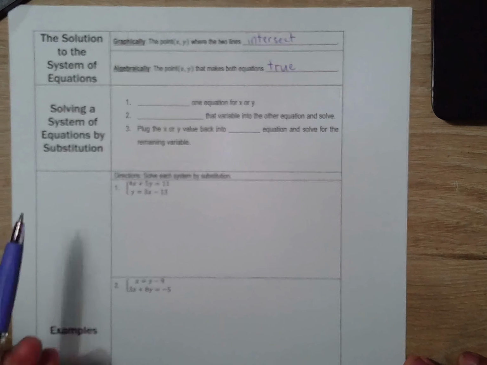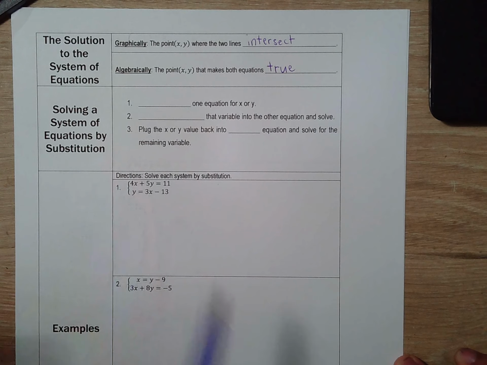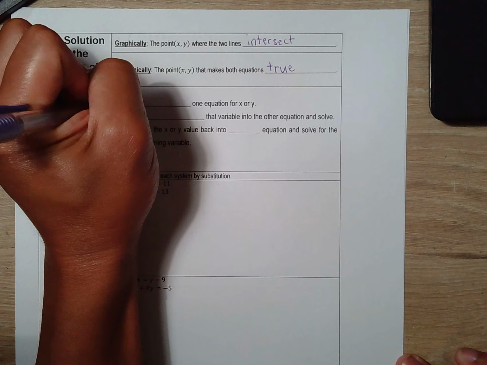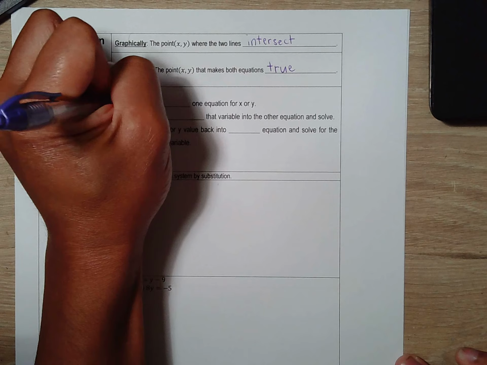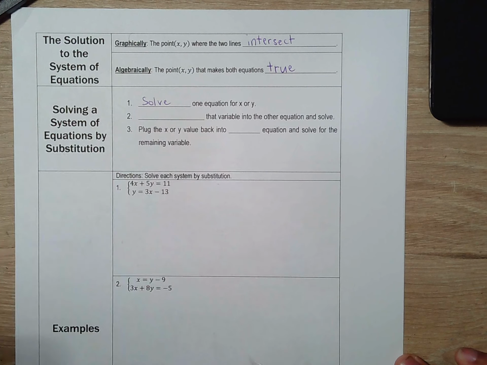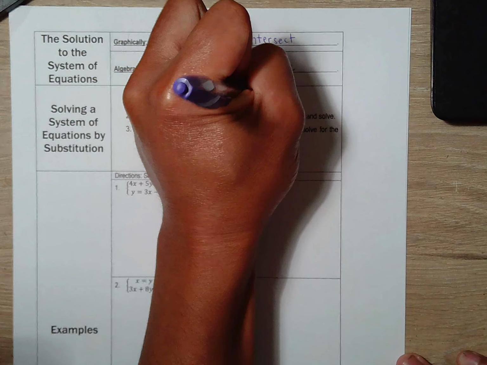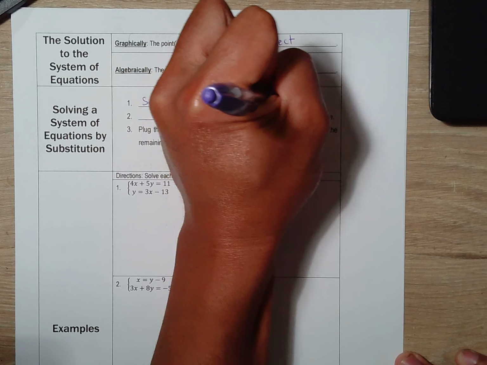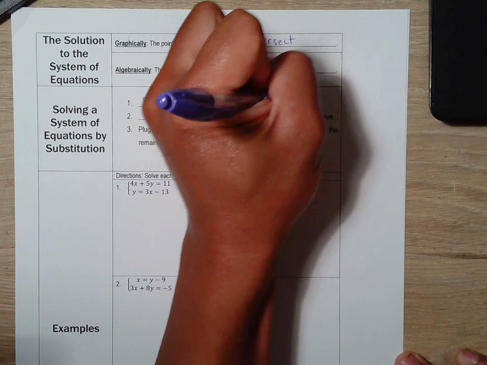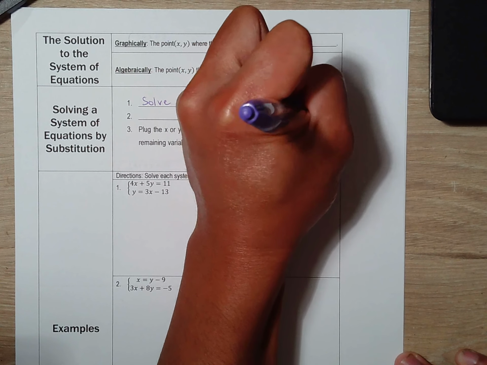In order to solve this, step one, we solve one equation for x or y. Remember, when solving, that just means to get x or y by itself.